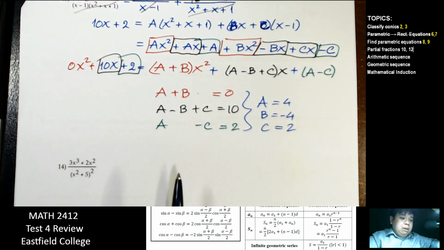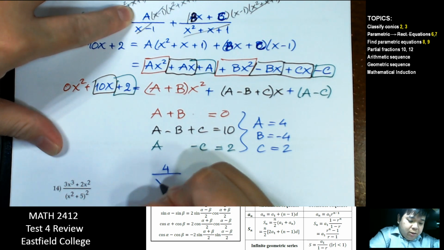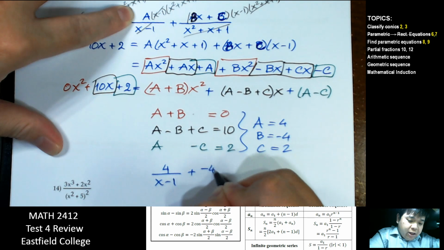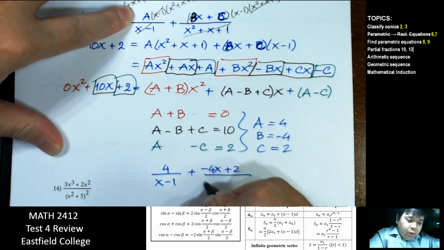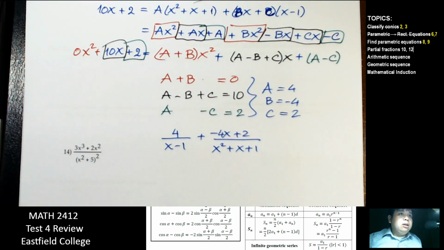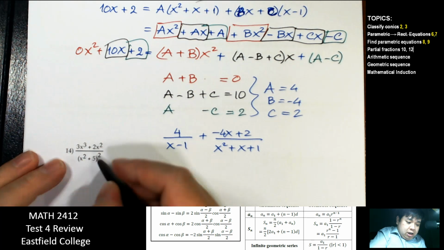And put it back into this form, we will have 4 over x minus 1 plus negative 4x plus 2 over x squared plus x plus 1. Right. This problem I will not do, but I at least will give the form.